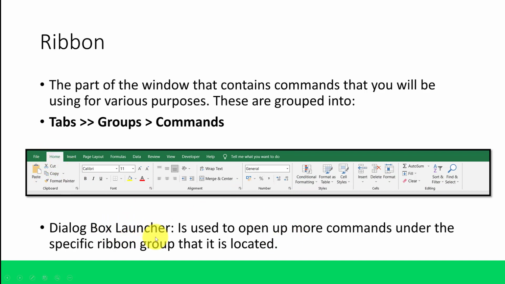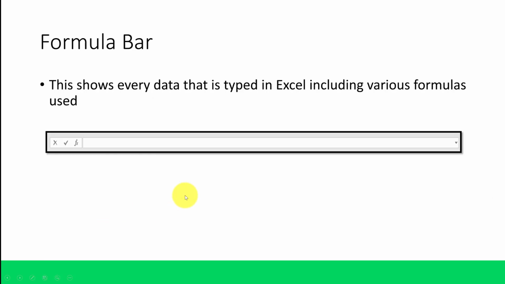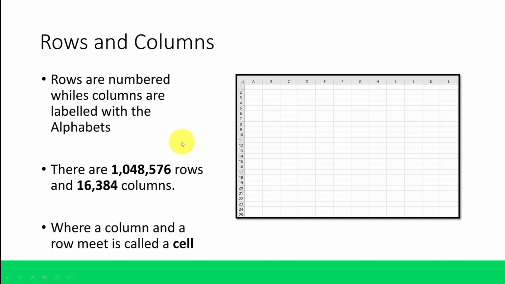Then there is the dialog box launcher, which we can use to open up a dialog box with more commands for us. Then there is the formula bar, where we input the formulas that we are going to be working with, or in fact anything at all you type into the cell will appear here.